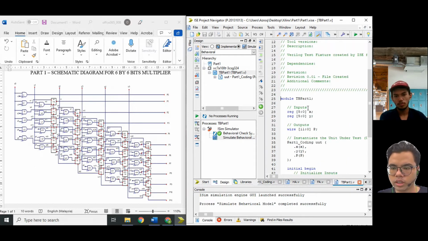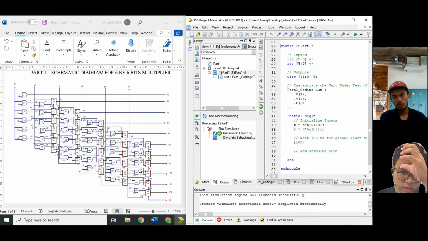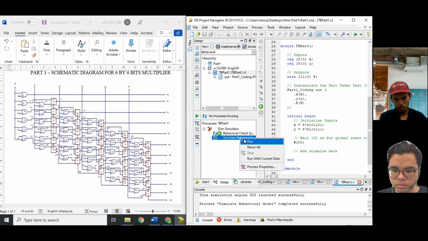For the test bench, our module is named TB part 1. The inputs are X and Y, while the output is wire P. For the initial begin, our input for X is 6-bit binary 101101, and for our input Y, 110111. So we will simulate the test bench.